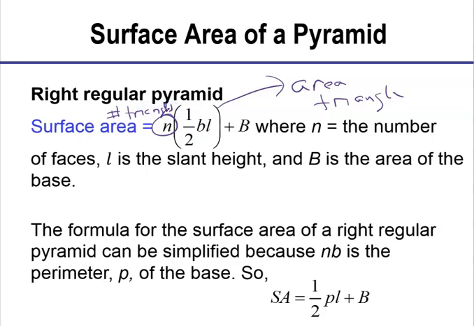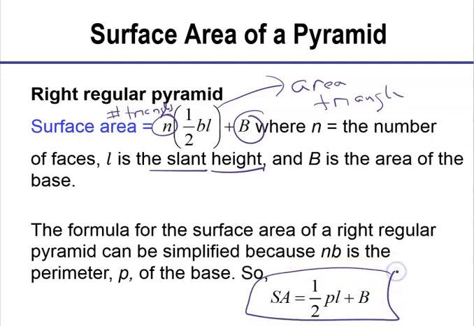Either way you want to look at it, that will tell you how many triangles you had. Plus, remember, there's just a single base we're going to add to that. Where N is the number of faces, also the number of sides of your base, L is the slant height, and B is the area of the base. The formula for the surface area of a right regular pyramid can be simplified because NB is the perimeter.